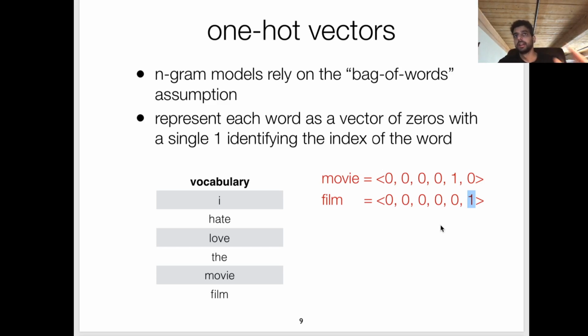So if I had the bigram movie film, which of course doesn't make any sense, but let's say I had it, I would get a vector of 00011. So this is essentially the way in which we're treating words in an n-gram model, but importantly, we're treating prefixes as kind of separate words in the vocabulary.